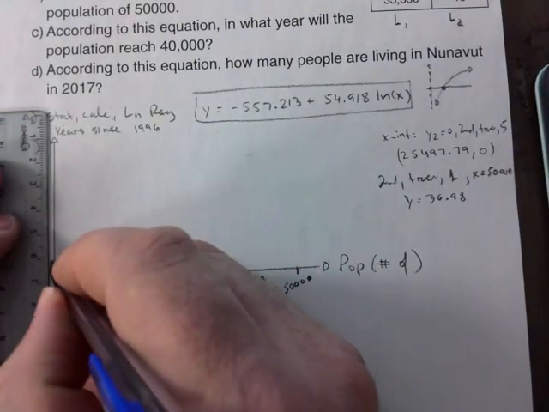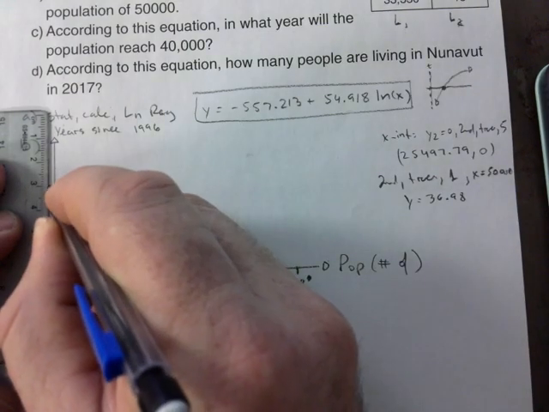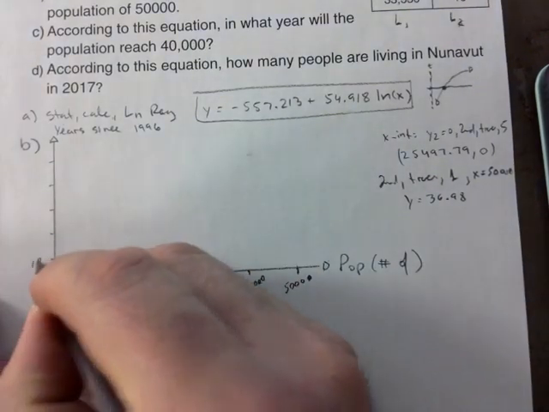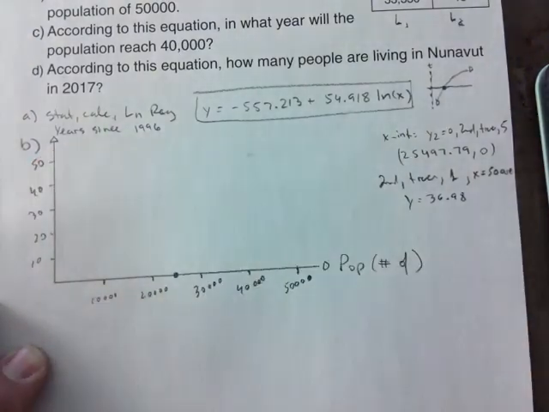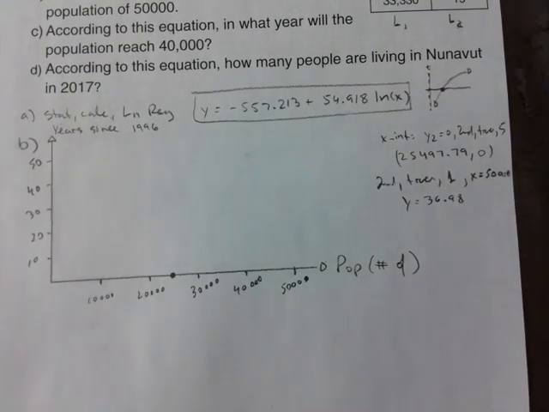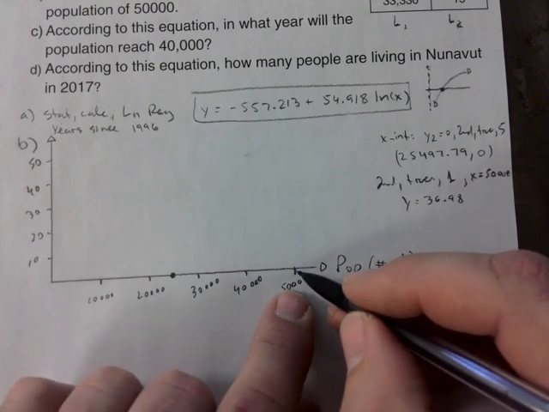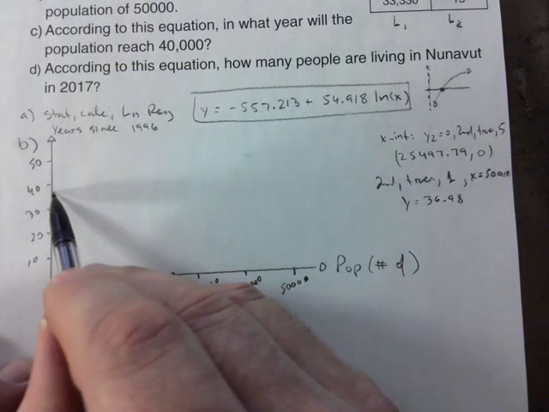I'm going to go 1, 2, 3, 4, 5, so I'm going to go up by 10. There we go. On the test, most likely you'll have a grid, but still be consistent. So I'm going to make this my reference point. 50,000 gets me to 36.